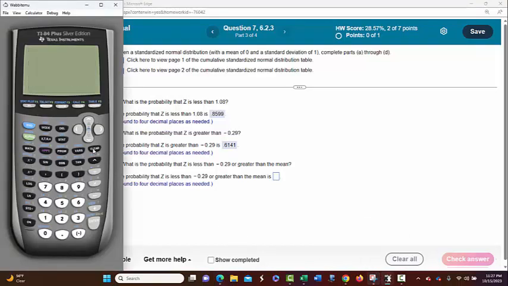So we can do this all in one step, where we can add two commands together.